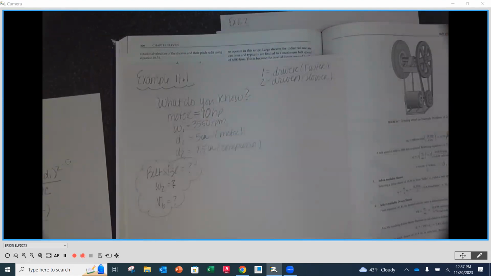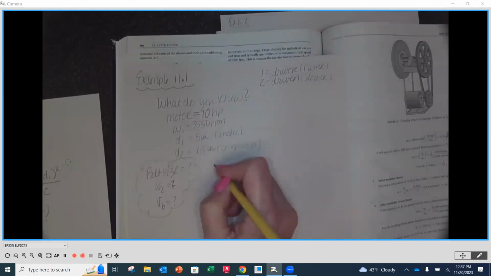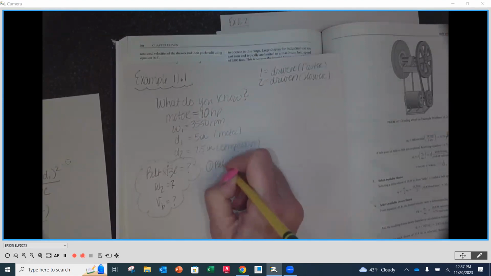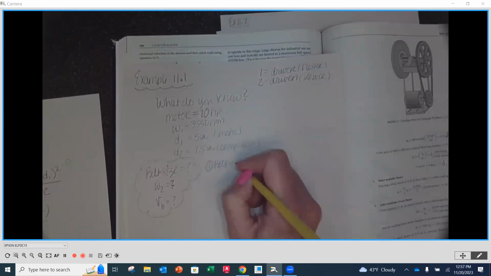Our belt size actually comes off of a table. So number 1 is going to be belt size. And we are going to look to either a table or figure, I forget. It's going to be this one right here, Figure 11.4. And for our problem, it's saying that our motor has 100 horsepower and it's going at 3550 RPM.